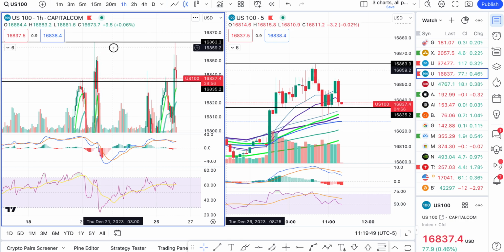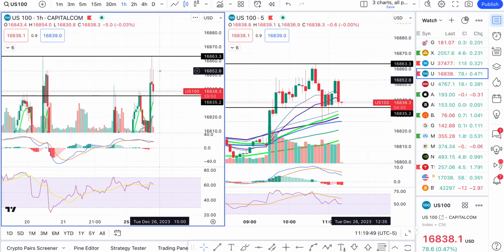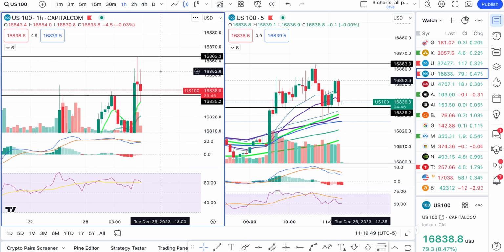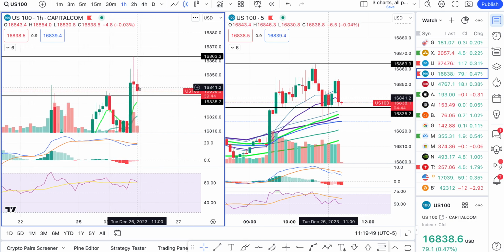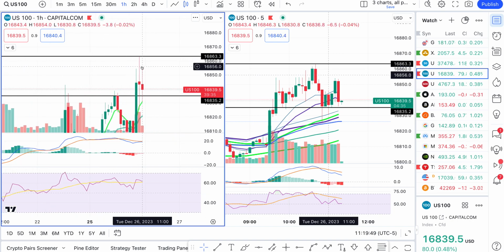And then there was another area up here that had a very high wick, and so that was marked as well. When I was looking at this, it was right in this candle. We had already broken through it once and wicked off that same level, and we'd come back.